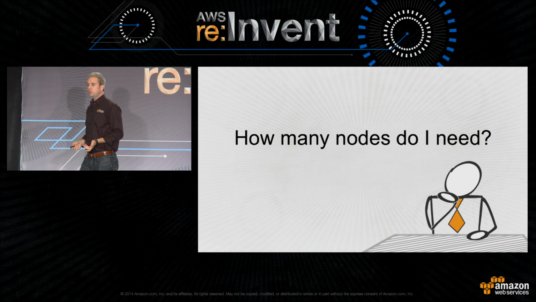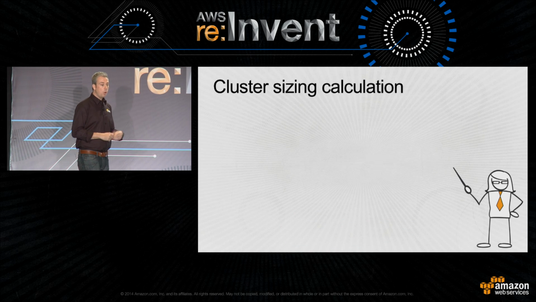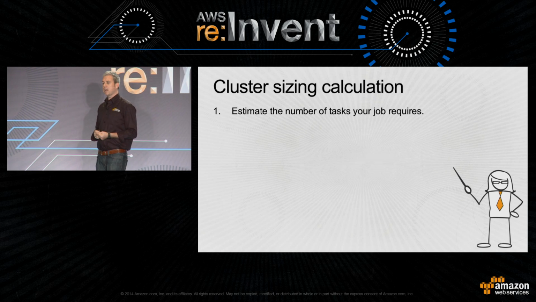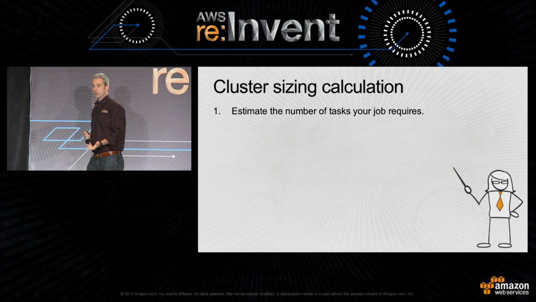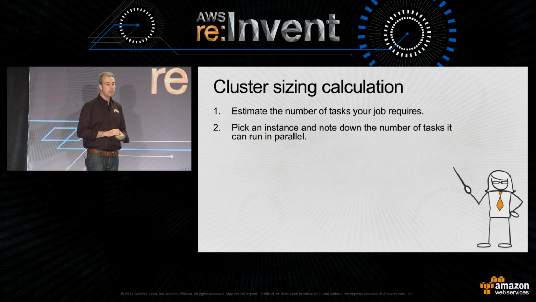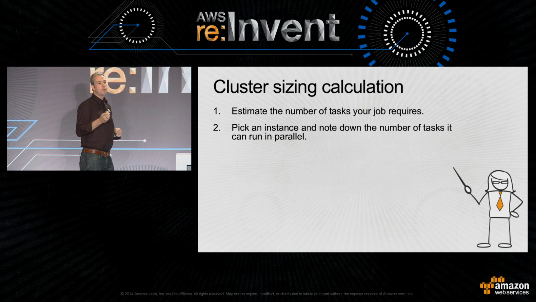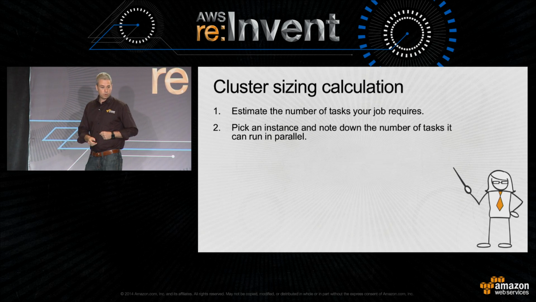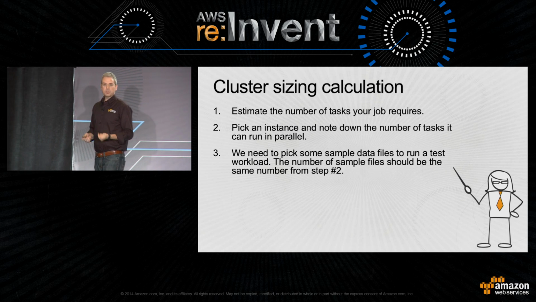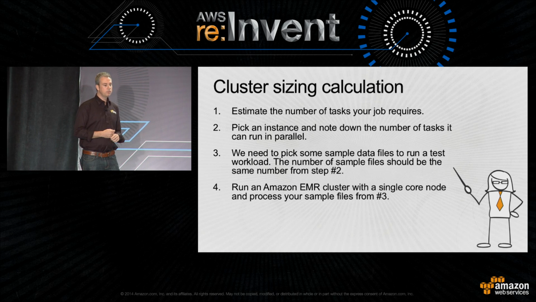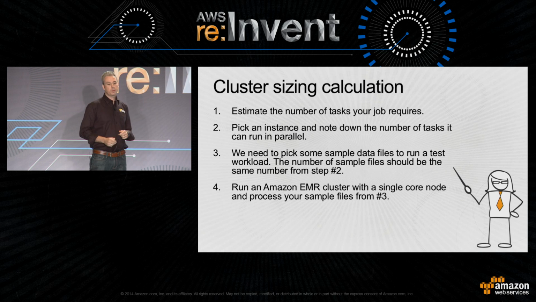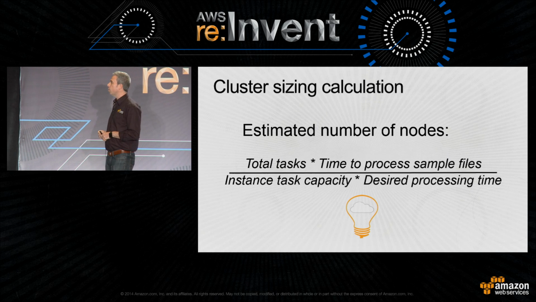So how many nodes do you need? Well, there's a simple cluster sizing calculation that we can use. You figure out how many tasks your job is going to use, and you can either guess or measure that empirically. Then you pick an instance and note down the number of tasks. This is in the task configuration documentation. We need to pick some sample data files that we want to run against, and we'll run a cluster with a single core node to process this data and note down how long it takes.